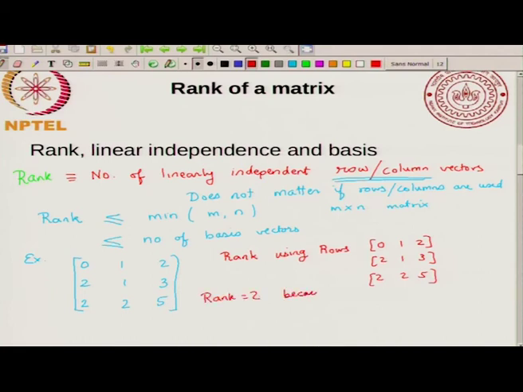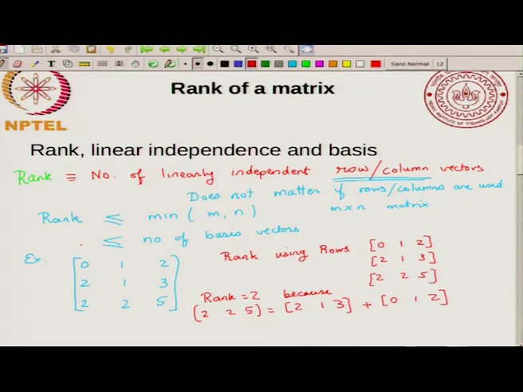because 2, 2, 5 is equal to 2, 1, 3 plus 0, 1, 2. So in this case you can immediately see that the rank should be equal to 2, because I can write this third vector as a linear combination of the first 2 vectors. Okay.